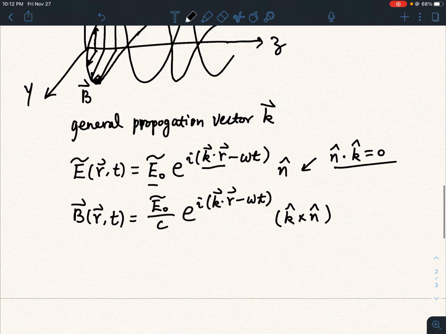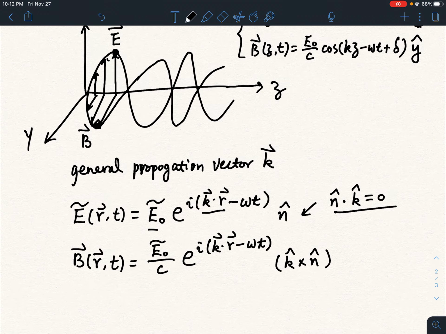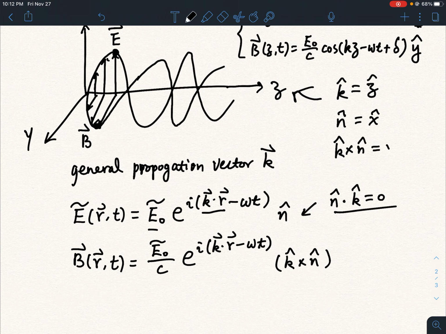For the simple example I showed here, I assume the k direction is the z direction and that the electric field direction is just along the y one. You can see that k cross n will become this x direction, so the magnetic field should be pointing along the x direction for this case.